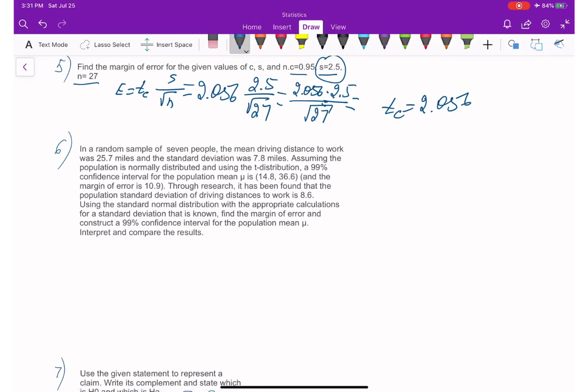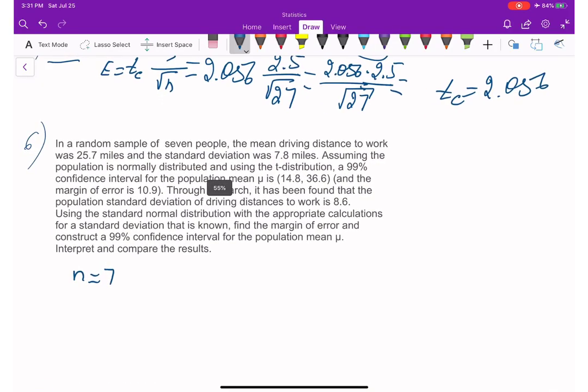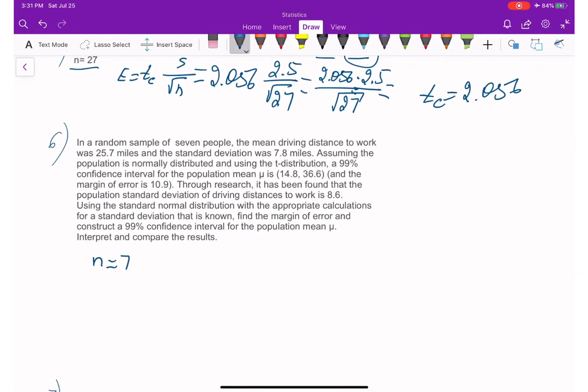In a random sample of 7 people, n is equal to 7. The mean driving distance to work was 25.7 miles, so the average x bar is 25.7 miles. And standard deviation, because it's a sample, we put s, 7.8 miles.